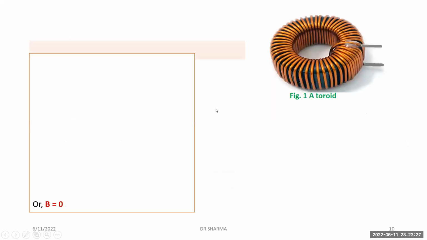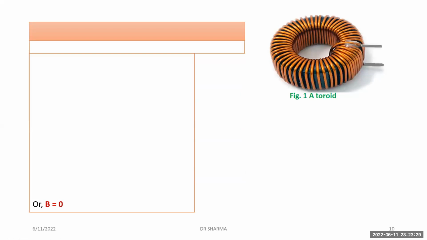Now let's go to the next application. This is a toroid. A toroid is a solenoid bent in the form of a circular coil. Now, to calculate the magnetic field due to this toroid, suppose it has capital N number of turns.